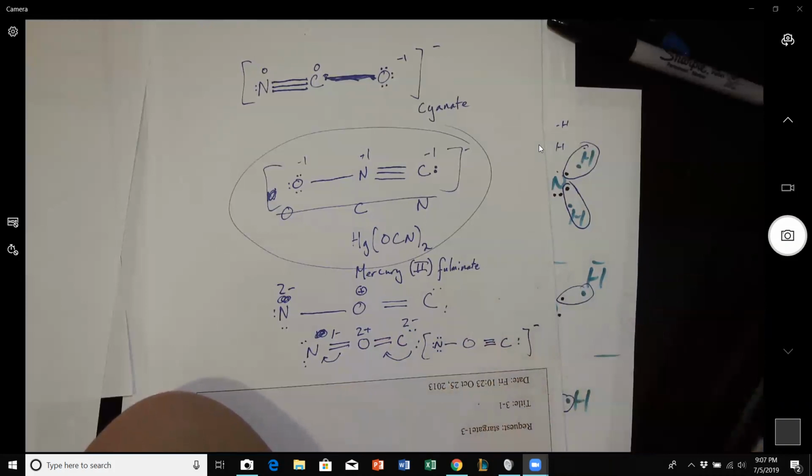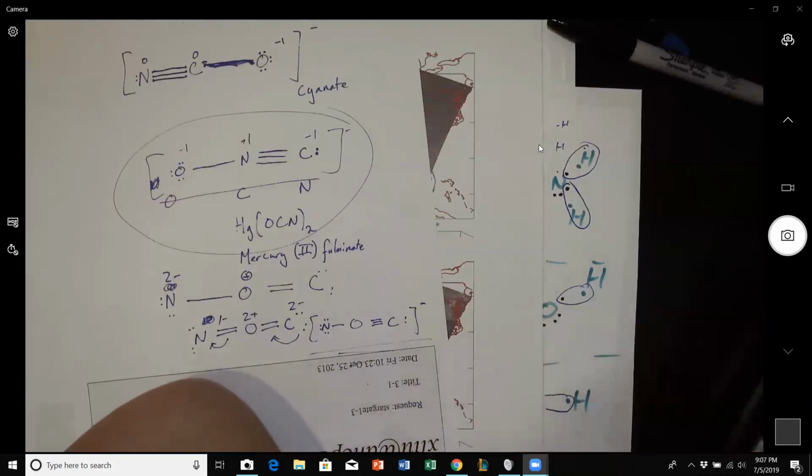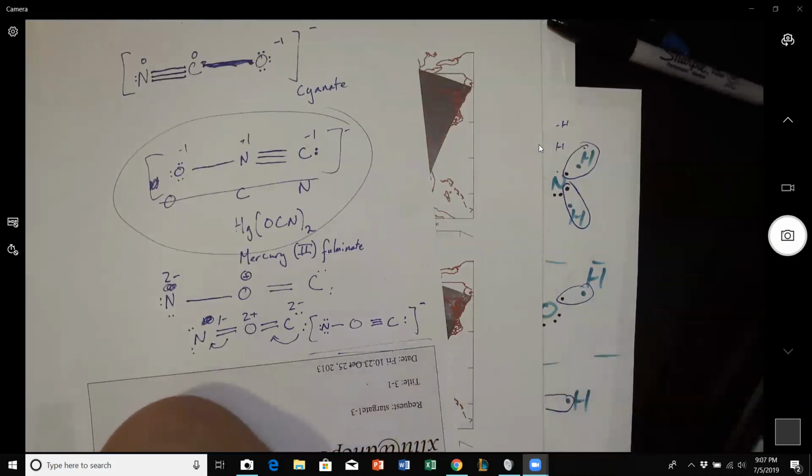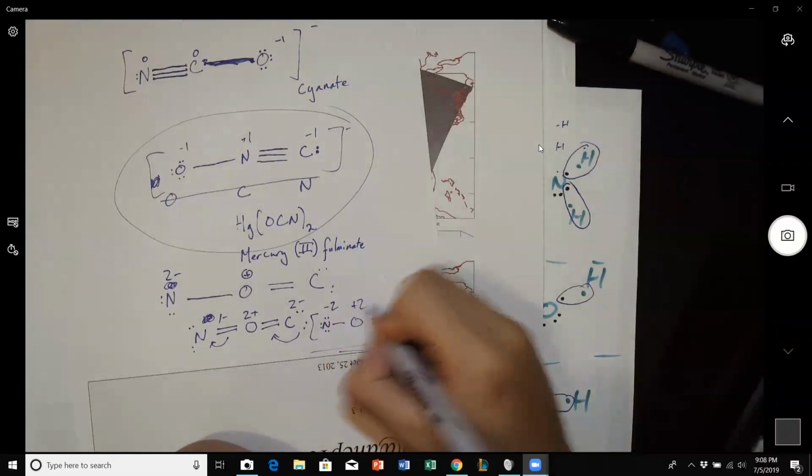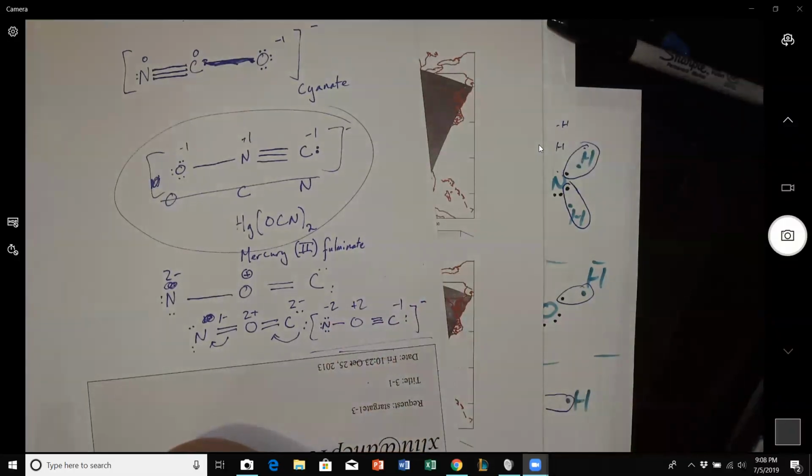And so can someone tell me what the formal charges here are? So -2, +2, and -1. Okay, so that's right.